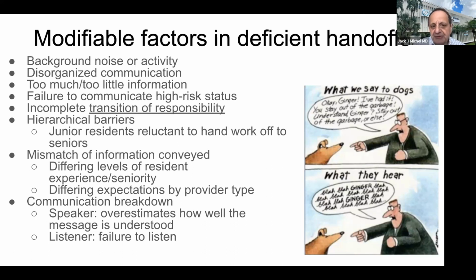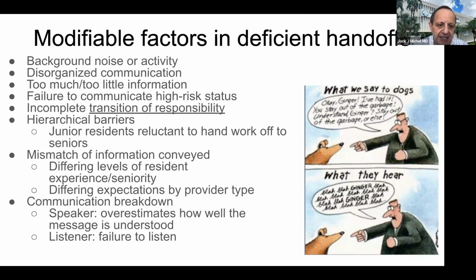An incomplete transition of responsibility, which means either the person that gave the information or the person that received the information didn't properly assume the responsibility. It could be hierarchical barriers. For example, a junior resident may not want to hand off work to the senior resident because they're afraid they're going to get a bad evaluation.